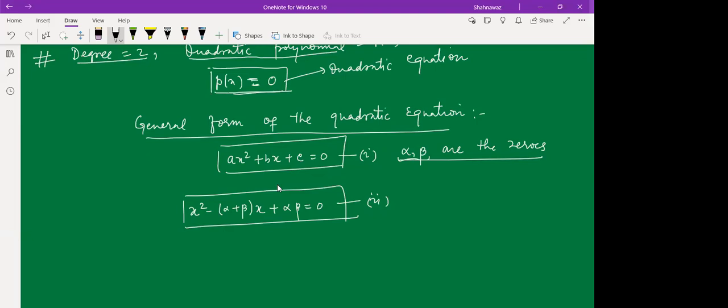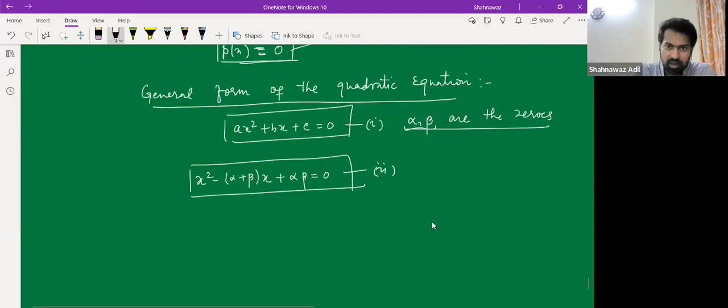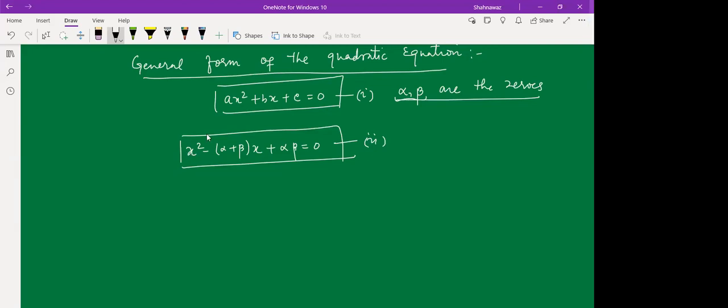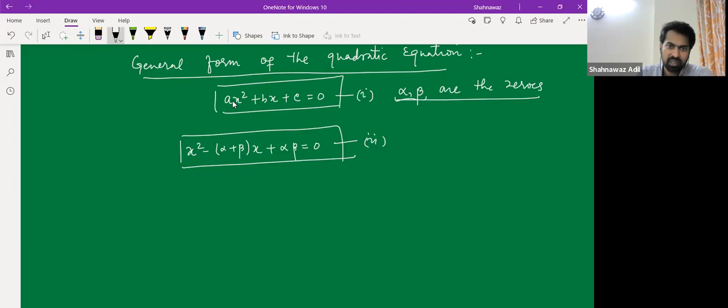Let me ask you this question. You have ax square plus bx plus c, and you have x square minus (alpha plus beta) x plus alpha beta. The coefficient of x square is 1 here, and the coefficient of x square is a here.